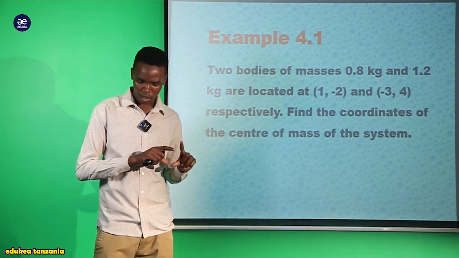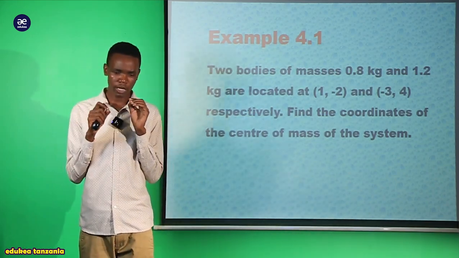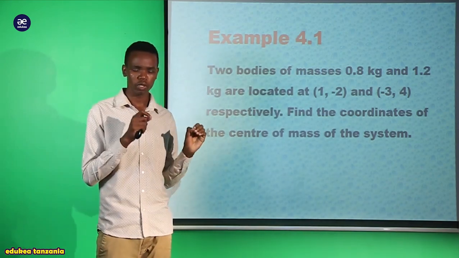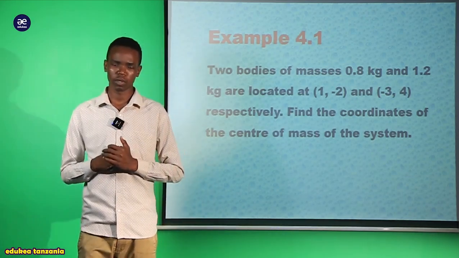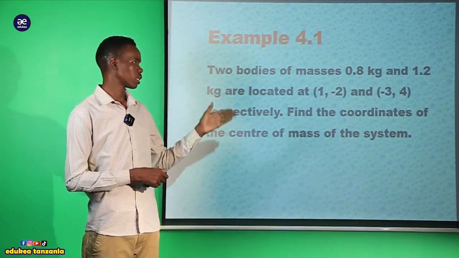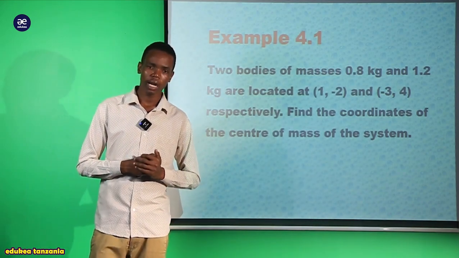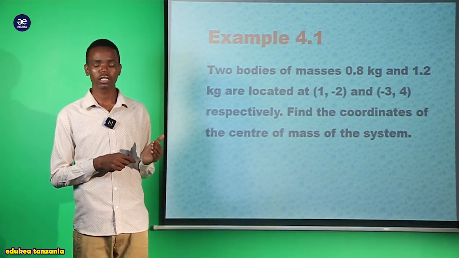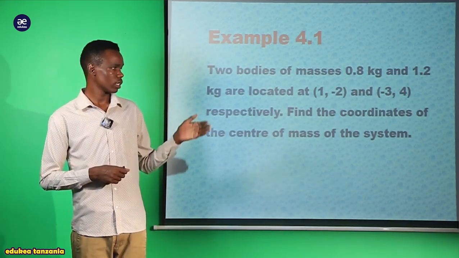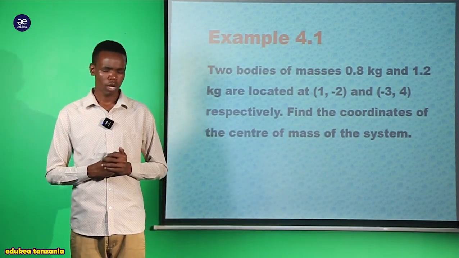My dear student, we have a body, and that body contains two particles, as we saw. Each particle has its own mass. The first particle has a mass of 0.8 kilogram and its own coordinate along the x-axis and the y-axis, which is (1, -2).